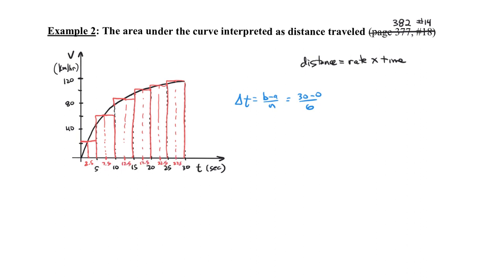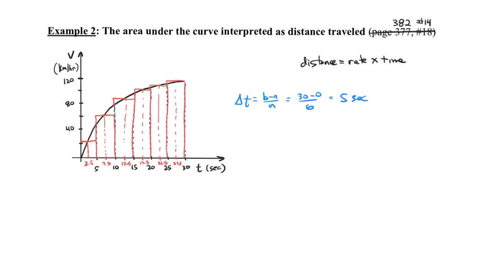This gives us 5. This is the change in time, 30 seconds minus 0 seconds, divided into 6 pieces, so the width of each rectangle is 5 seconds.